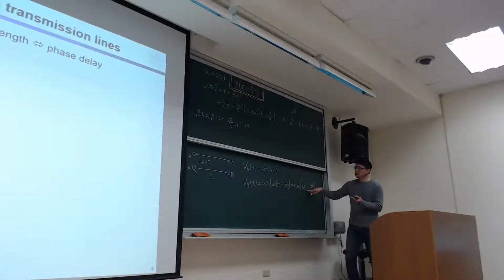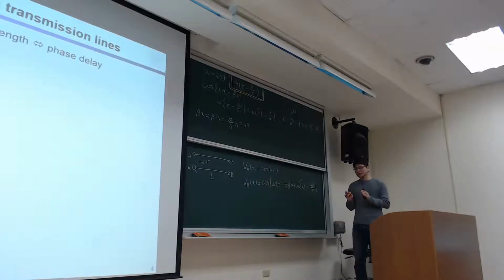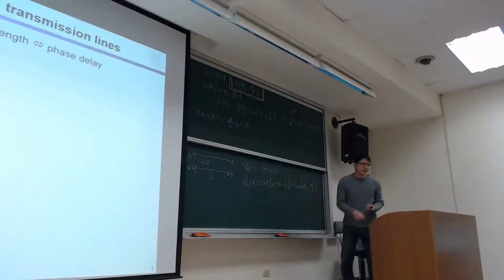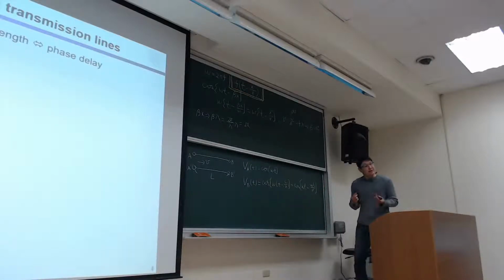You have cosine omega t, you have cosine omega t, so these two are identical. The only thing different is this one. And L is a fixed length or distance. And omega is a known operational frequency. V is given for you. So this is actually a constant. Let me call it a phase.